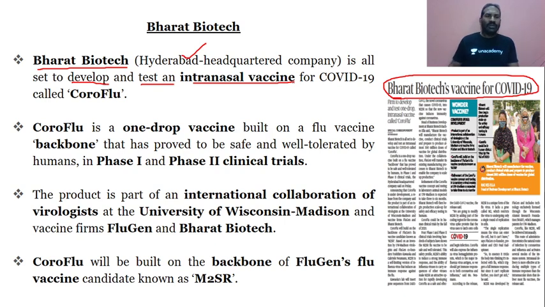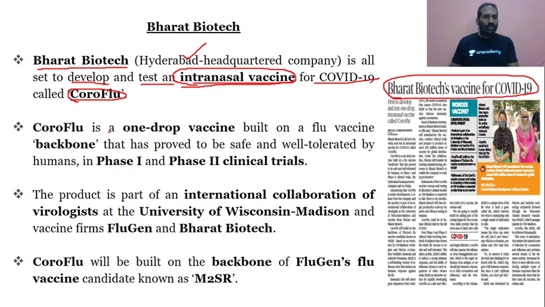So the Bharat Biotech, which is set to develop and test the vaccine for COVID-19, is an intranasal vaccine. Again, from the prelims point of view, please do understand this fact, that is the intranasal vaccine, and the vaccine is called Coroflu. Corona, coronavirus, Coroflu, influenza flu.